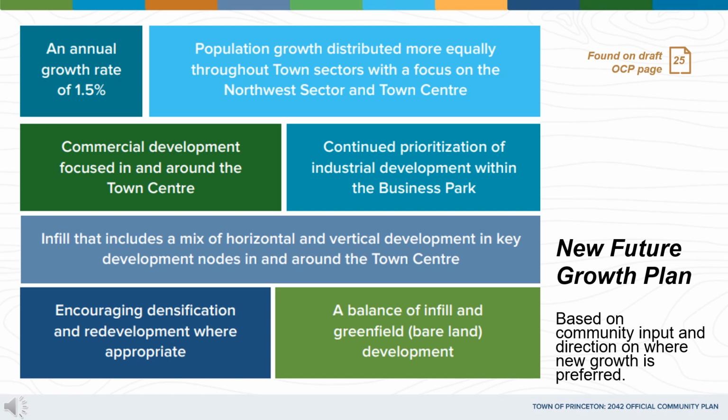The scenario integrates themes compiled through detailed community input relative to the distribution of growth and growth type along with technical input. It focuses on a more equal distribution of population growth, concentrated commercial development in and around the town center, prioritization of industrial development within the business park, infill in key development nodes in and around the town center, a balance of infill and greenfield bare land development, and general encouragement of densification and redevelopment where appropriate.